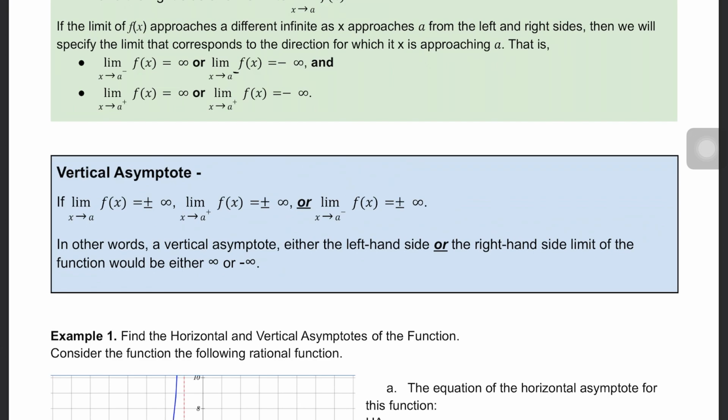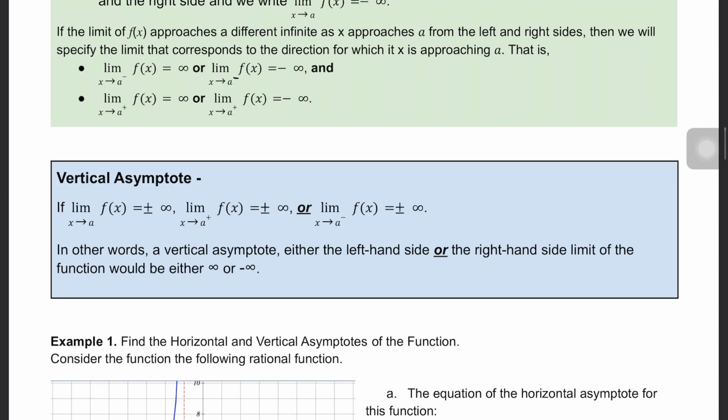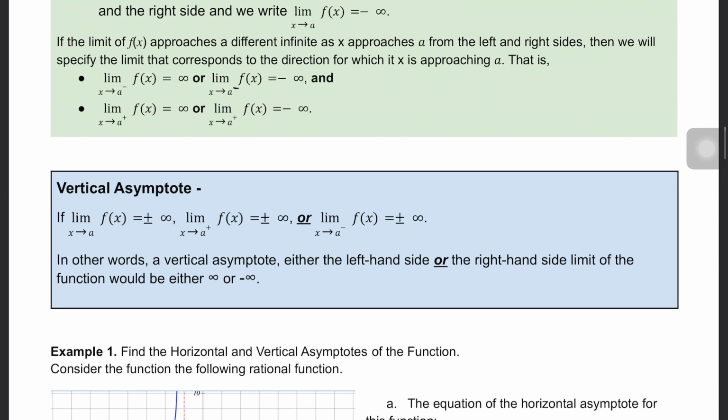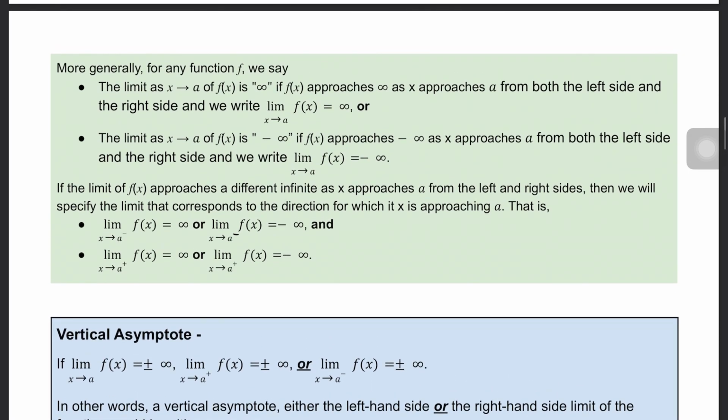In other words, for a vertical asymptote, either the left-hand limit or the right-hand limit will be positive infinity or negative infinity. So that's the concept of the vertical asymptote. We will find a different method to find the vertical asymptote in the next examples. All right, so we'll try the next example.